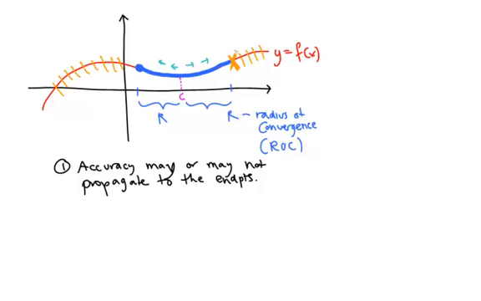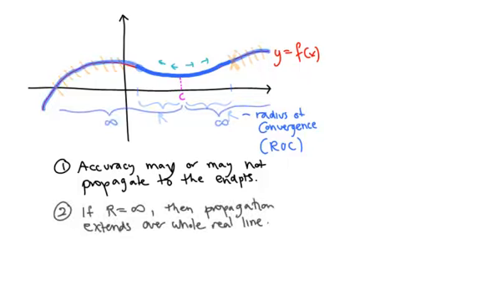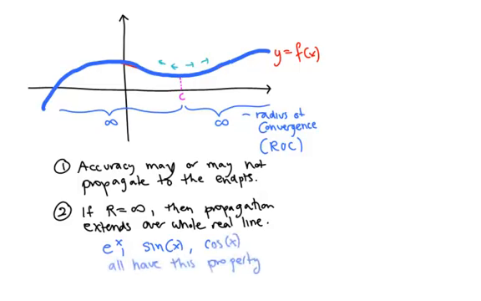That's a possibility. Second, the radius of convergence can be infinite. It could have accuracy that propagates over the entire real line. Of our 3 prototype functions, this is true of e to the x, sine of x, and cosine of x. This can be checked using, for example, Taylor's estimate.